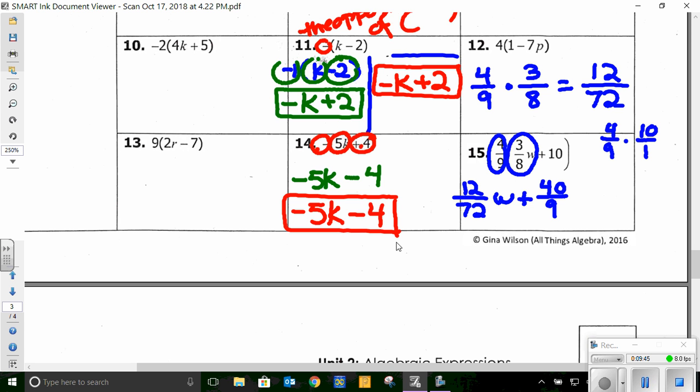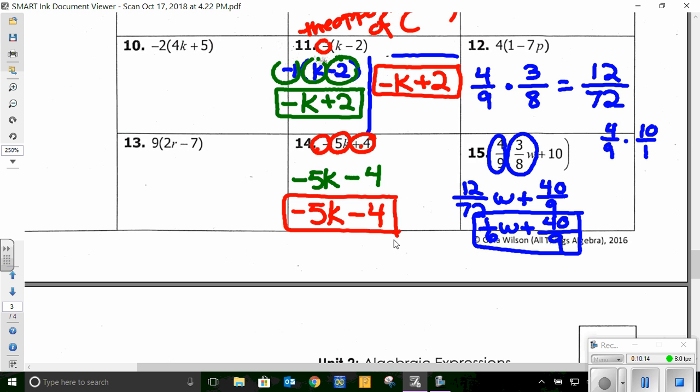And now I need to make sure that's really all I need to do, because I have my term with a variable and I have my constant. And I need to just simplify now. So the number that goes in evenly to both 12 and 72 is 12. So that becomes 1 over 6, and that's w there. And then the 40 over 9 actually doesn't reduce. That's going to stay 40 over 9. And so this, sorry I squeezed it in there, that is my answer there.